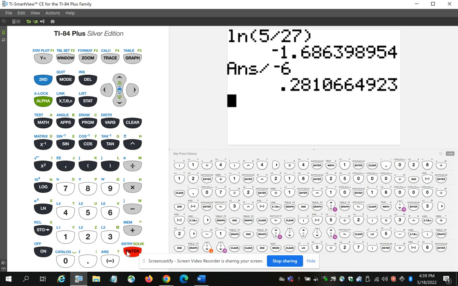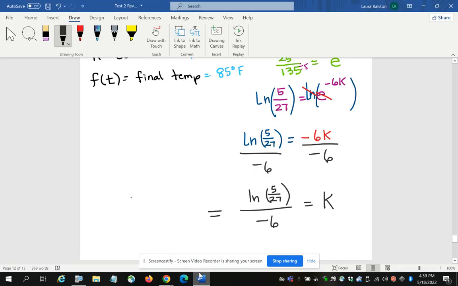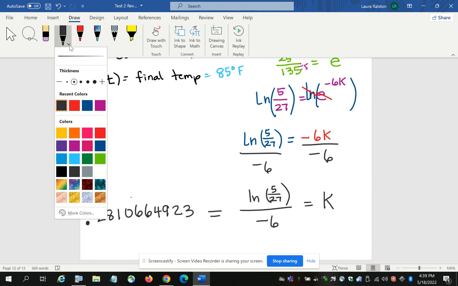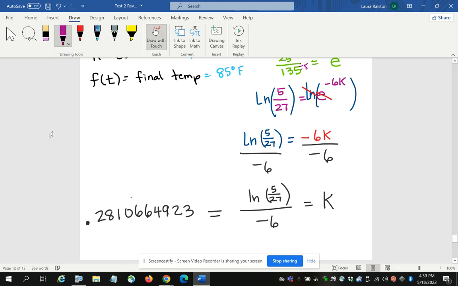And we get 0.2810664923. The instructions said to round to 4 decimal places. So 1, 2, 3, 4. Next door is the 6. The 6 is going to bump it up. So my final answer is 0.2811.